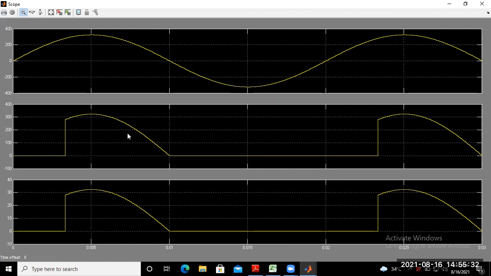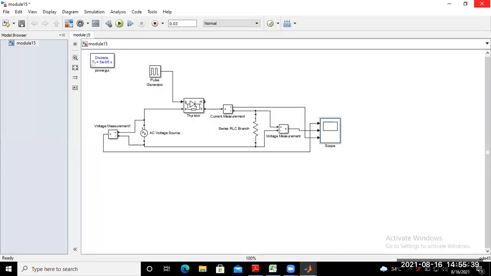Okay, so suppose if you want to measure the voltage across this thyristor with a voltmeter, one more voltmeter we can connect here.